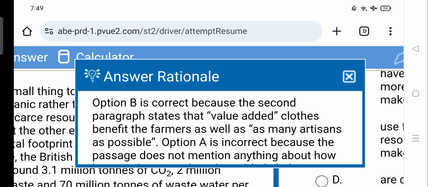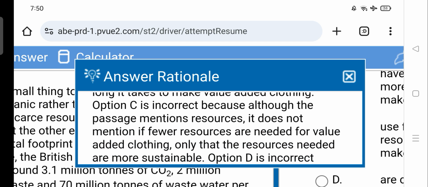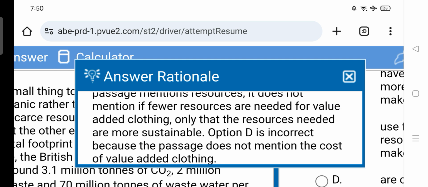Option A is incorrect because the passage does not mention how long it takes to make value added clothing. Option C is incorrect because although the passage mentions resources, it does not mention if fewer resources are needed for value added clothing, only that the resources needed are more sustainable.